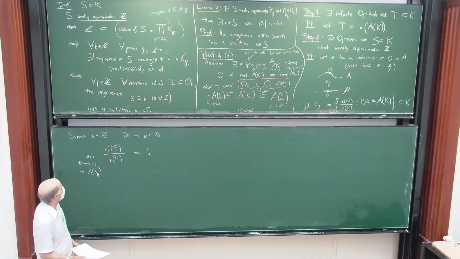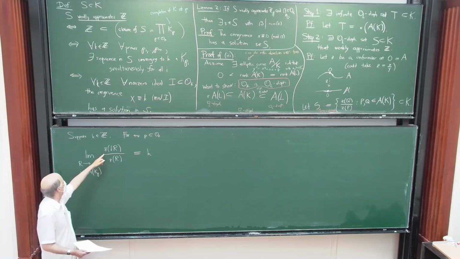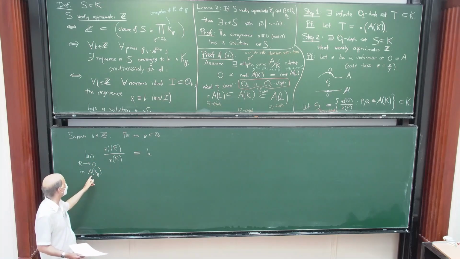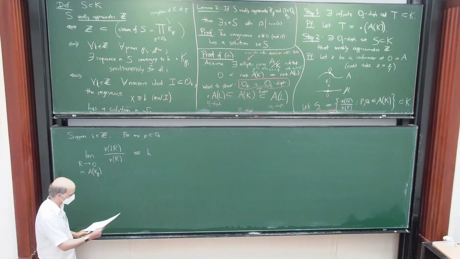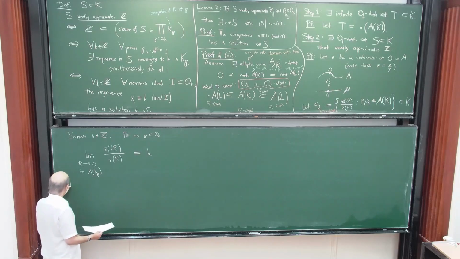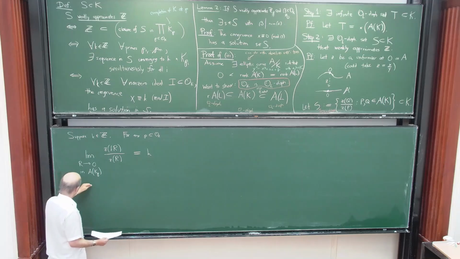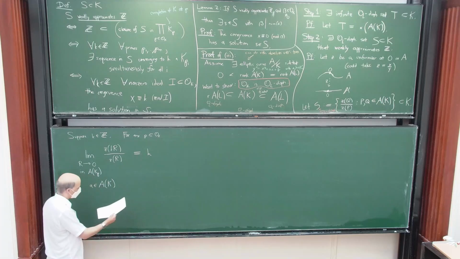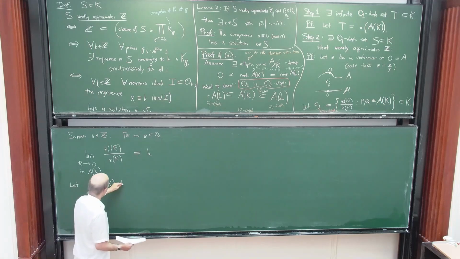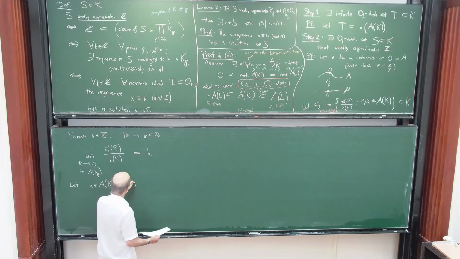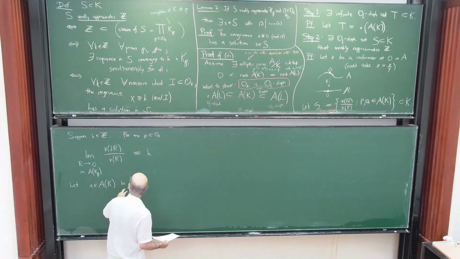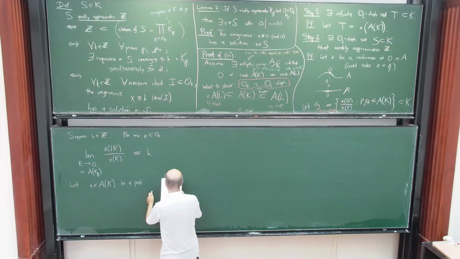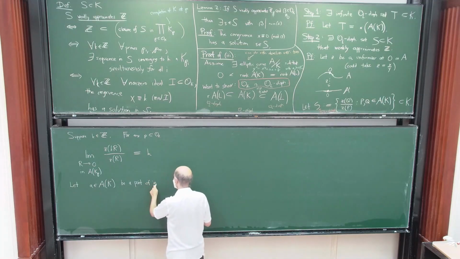So what I need now is a sequence of points in A(K) that converges to 0 simultaneously in finitely many of these completions. It turns out this is not too hard to do. Let me take a point of infinite order. That's always possible because this is a finitely generated group of positive rank, so I can find a point of infinite order.